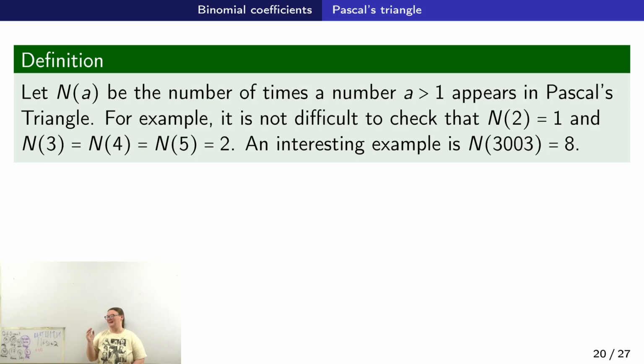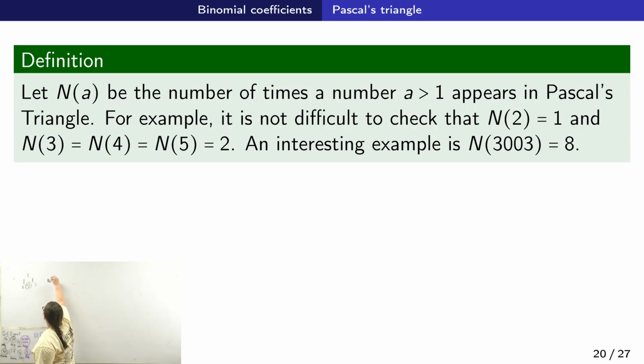So N of 2, the number 2, is going to show up one time. Where does it show up? And we never see it again, right? Why? Yeah, we're getting bigger and bigger and bigger. Great. Okay, so that shows up once.